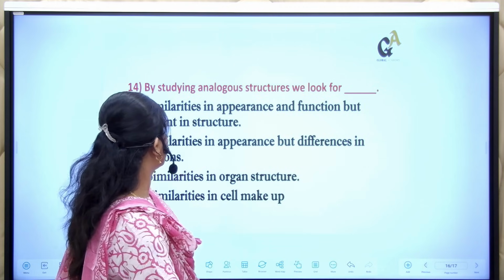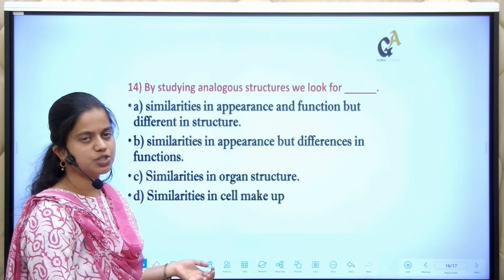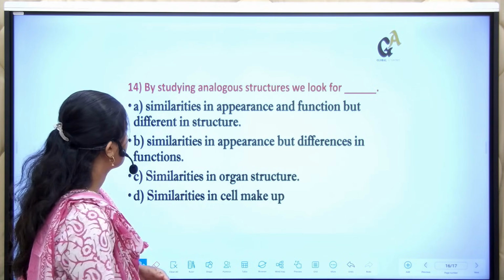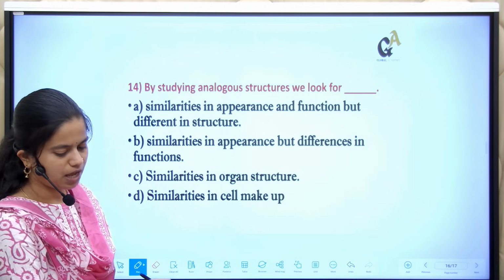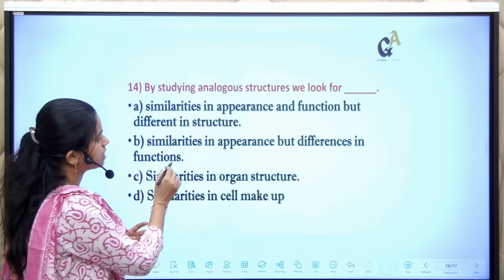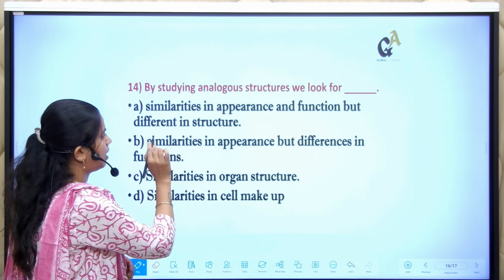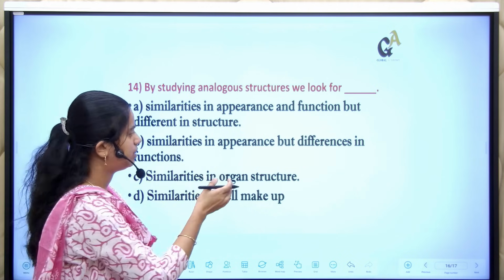Then, by studying analogous structures, we look for, what's the answer over here? Option A will be the answer, because similarities in appearance and function but different in structure. I will also give the example later on.